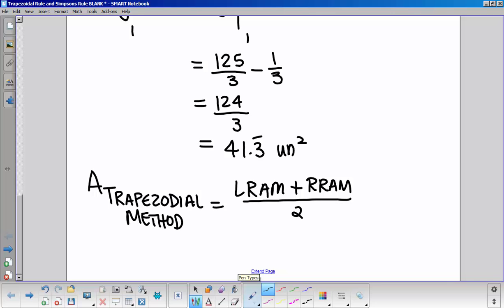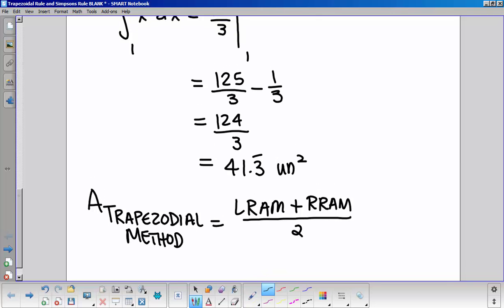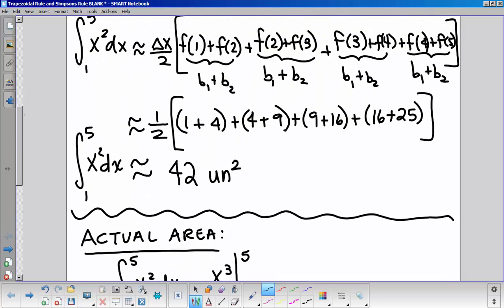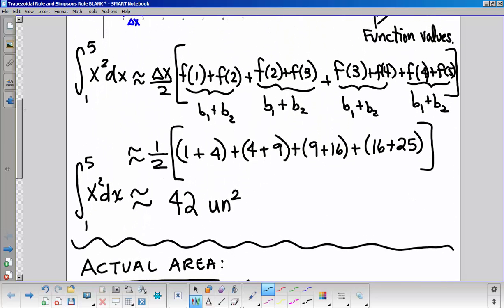Okay? So let's come up with the general formula for the trapezoidal method. And I wanted to see if you noticed a pattern here. You have f2 twice, you have f3 twice, all the middle ones twice.